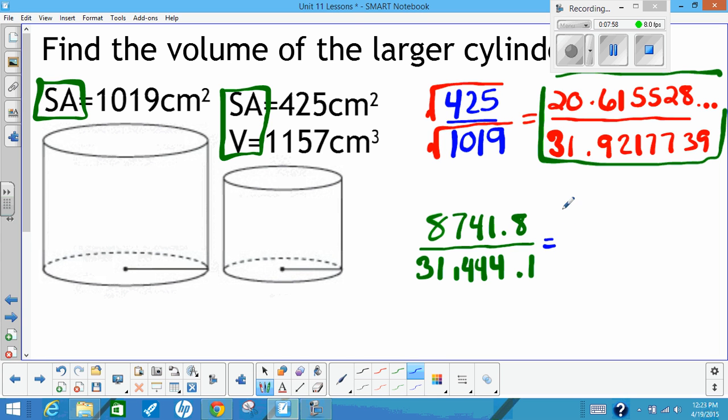I have the volume of the smaller cylinder, and I'm looking for the volume, and we'll just use V, for the larger cylinder. So my ratio of those actual volumes should be the same as this ratio over here. So now we just solve this proportion. Cross multiply.